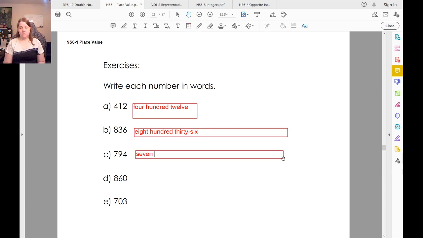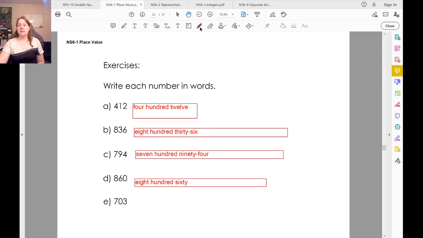The next one, 794. The one after that, 160.